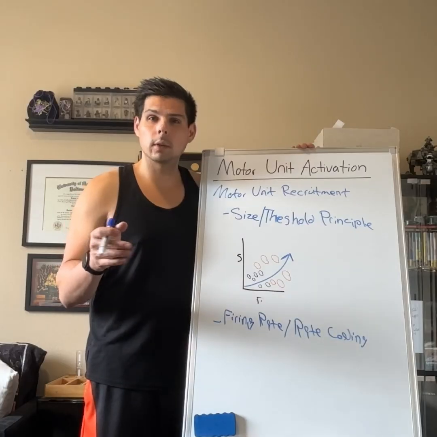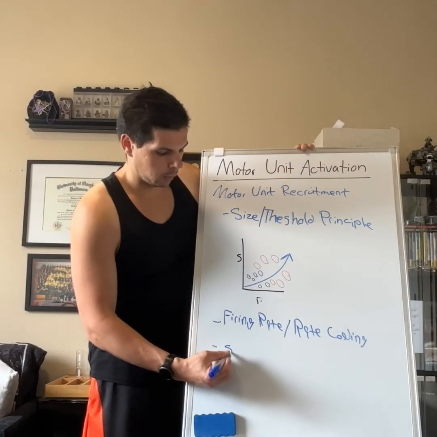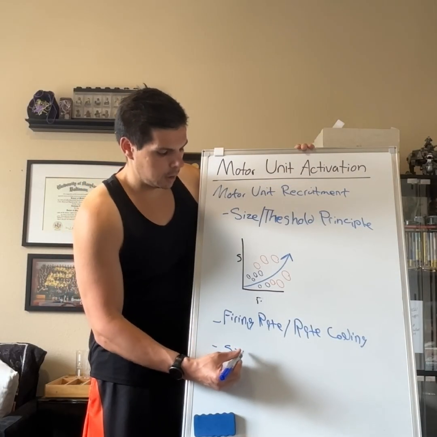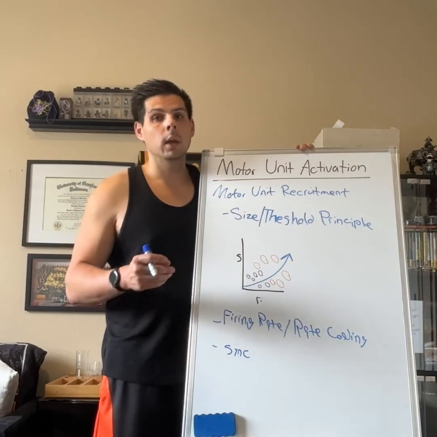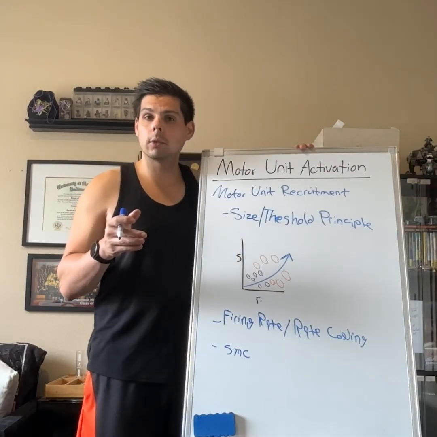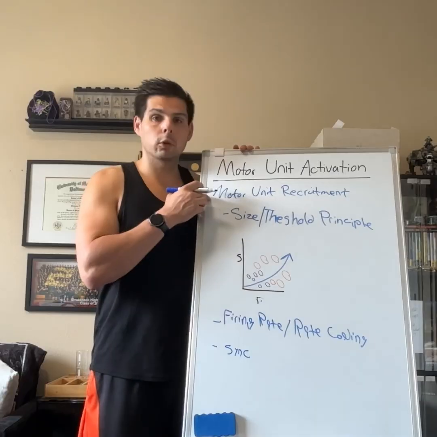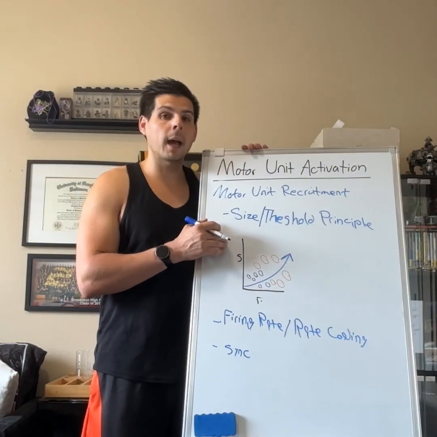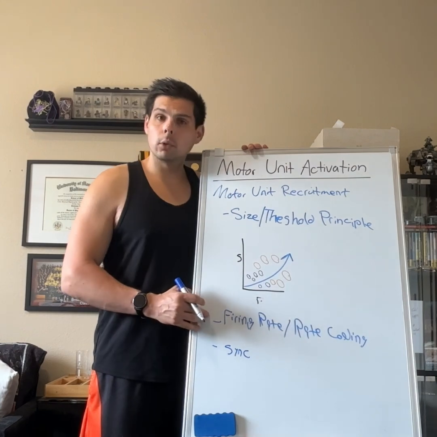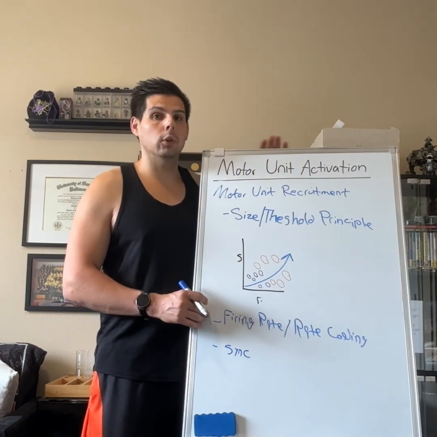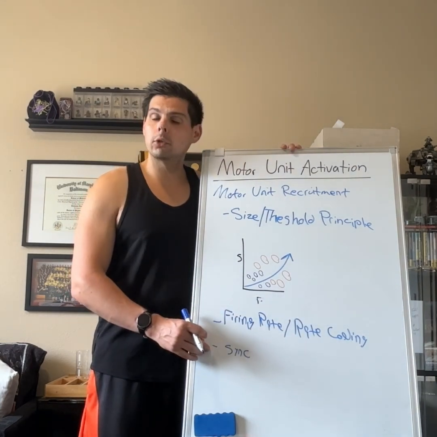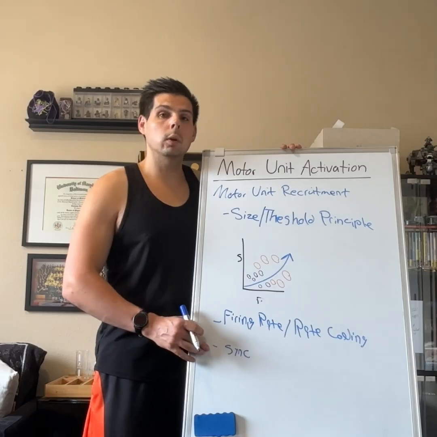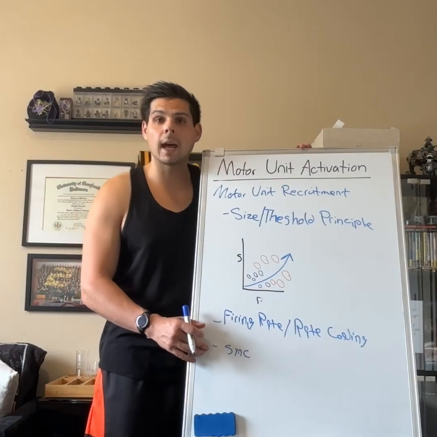Another element of this that is usually left off is the synchronicity of firing. Your neuromuscular system, in response to greater force demands, will recruit more motor units, it will start to recruit bigger, more powerful motor units, and it will start to recruit your motor units at a faster rate, but it will also learn to recruit those motor units in a more synchronized fashion.